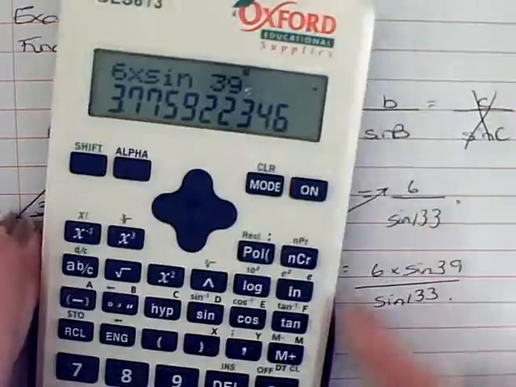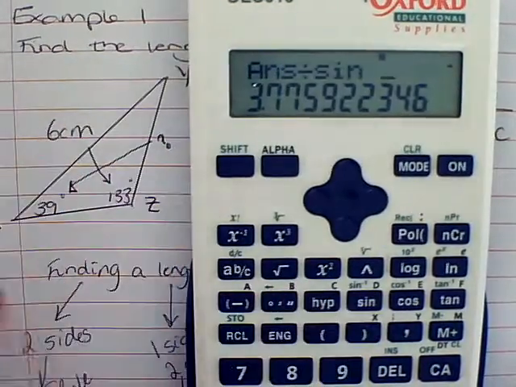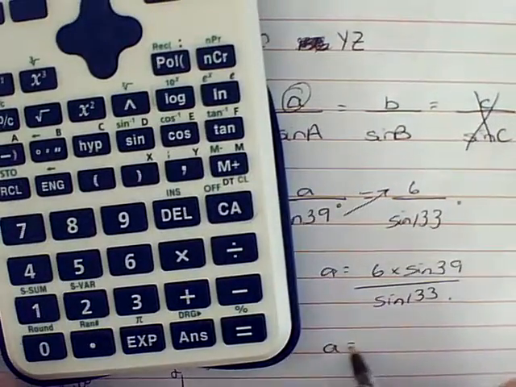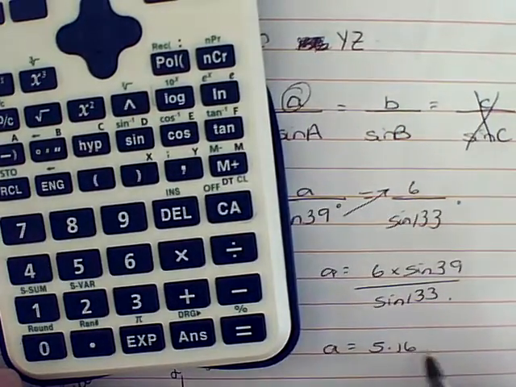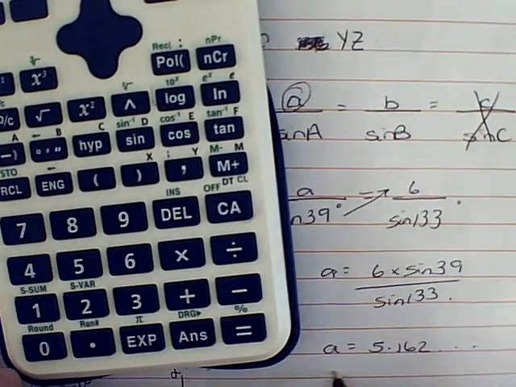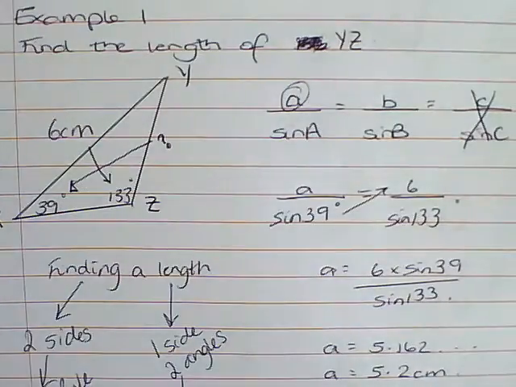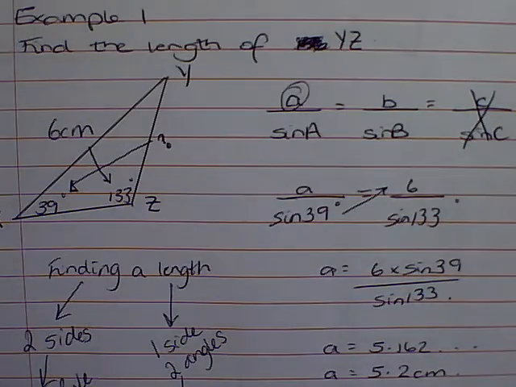I don't know why, and then I like to divide. My myth is that it always works, but you guys will be able to type it in differently and much faster than I can. So this means that A is 5.162 dot dot dot, and if I do one decimal place, 5.2 centimetres. Job done. Okay.